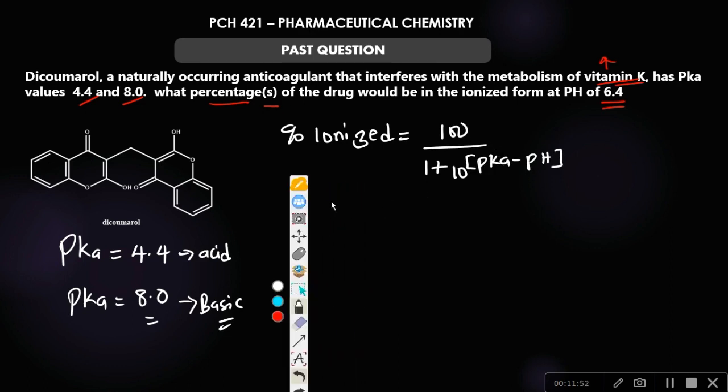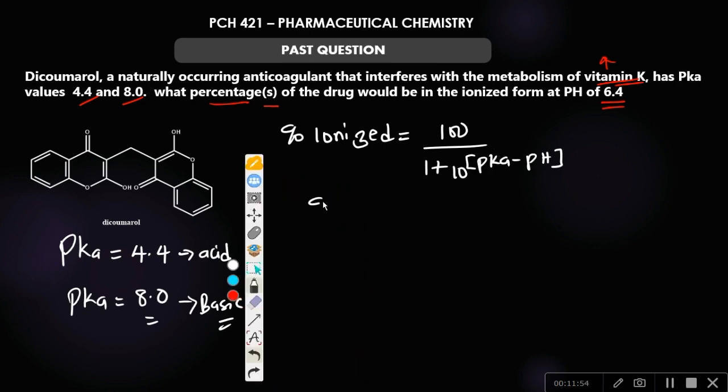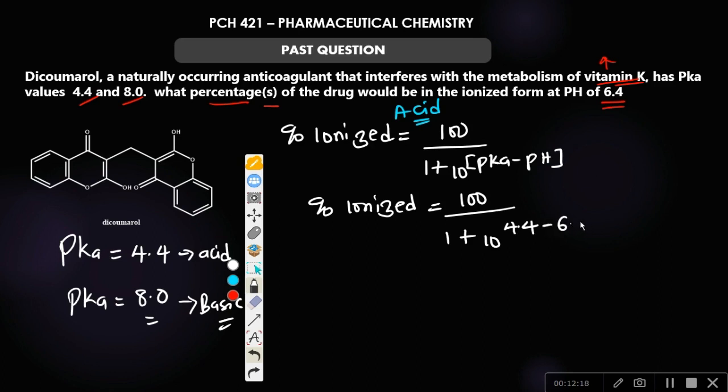So percentage ionized in this case would be 100 divided by 1 plus 10 raised to the power of pKa, which was given for the first one. We are talking about that of the acid now. That is what we are solving. pKa will be 4.4 minus 6.4, which is the pH.